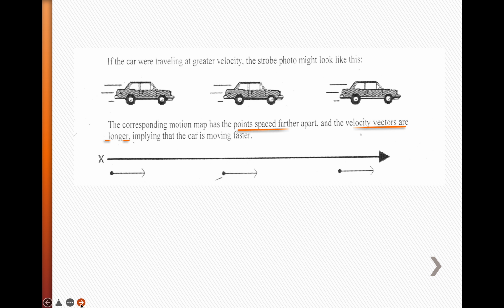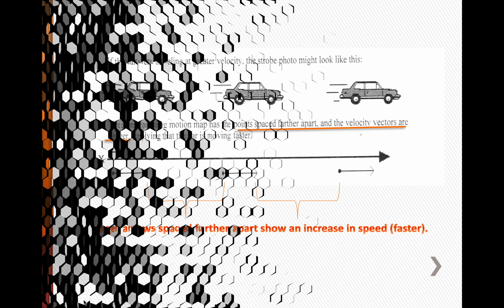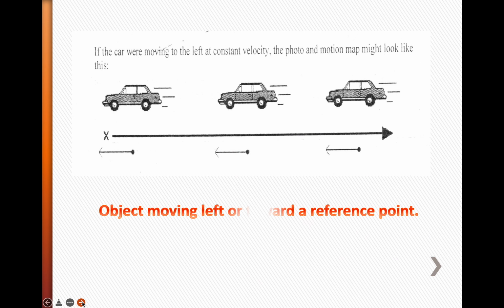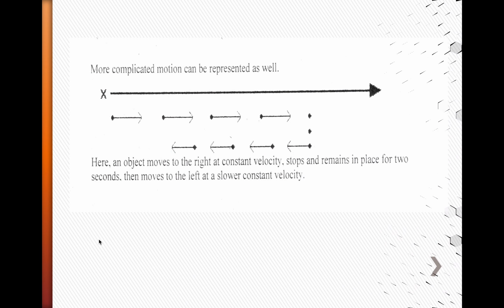Arrow to the left, negative velocity. If they're going faster, they're further apart. I wouldn't say an increase in speed. I'd just say it's faster. So they're going to the left, pointing that way. That would be a negative velocity.